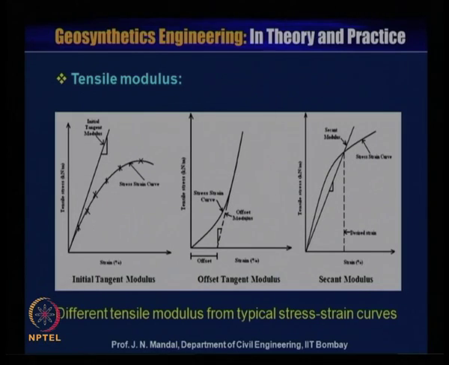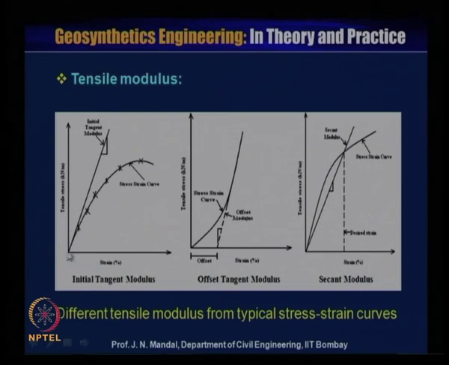So, here it shows the different tensile moduli from a typical stress strain curve. How can you calculate the initial tangent modulus, offset tangent modulus and the secant modulus? In the first, this is the tensile stress and this is the strain, and you can see the nature of the curve. This is the stress strain curve for geotextile material.